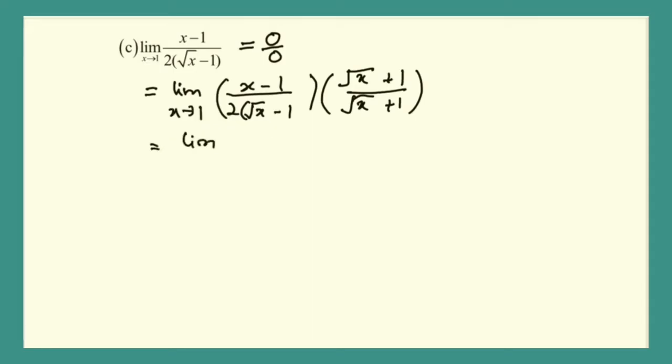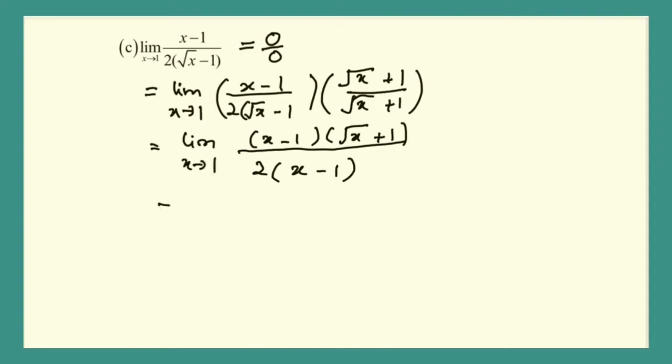For the numerator, here is (x minus 1) times (square root of x plus 1), over the expanded denominator. Here is 2 times square root of x is x. Negative 1 times positive 1 is negative 1, as x approaches 1.